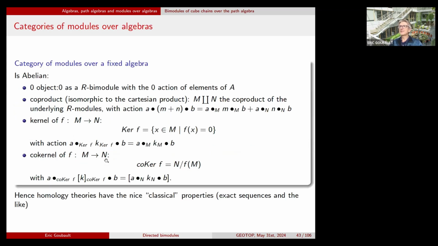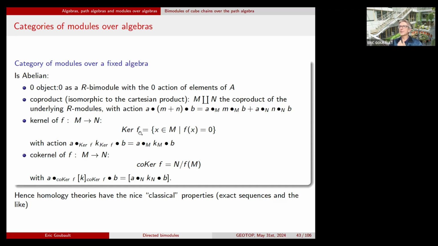And then you can very easily see that the category of modules over a fixed algebra is abelian, indeed, as categories of modules over a ring. Zero objects are just the zero bimodule. Co-products are just generated by the co-product over the R modules, and then the algebra structure is just the obvious thing, the different components, as it's written here.